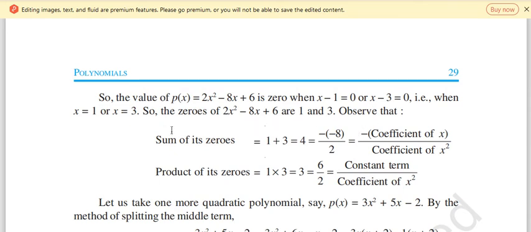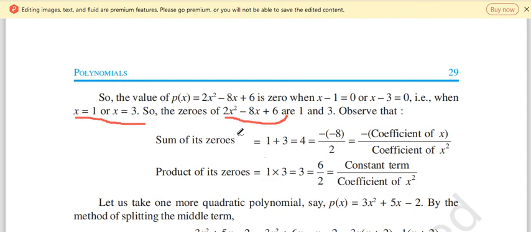Observe what we were discussing before. The zeros are 1 and 3. The sum of the zeros, 1 plus 3, equals 4.